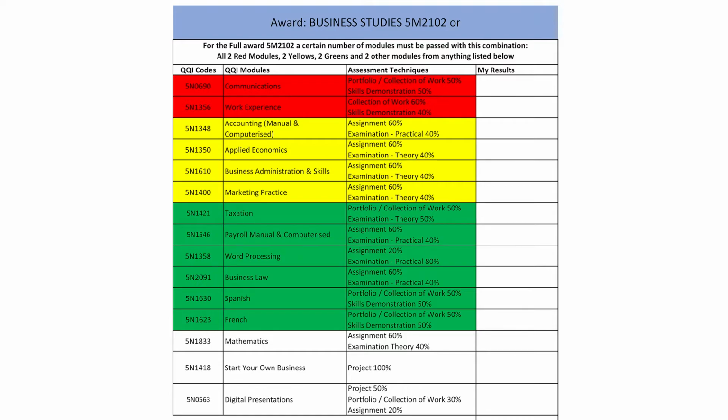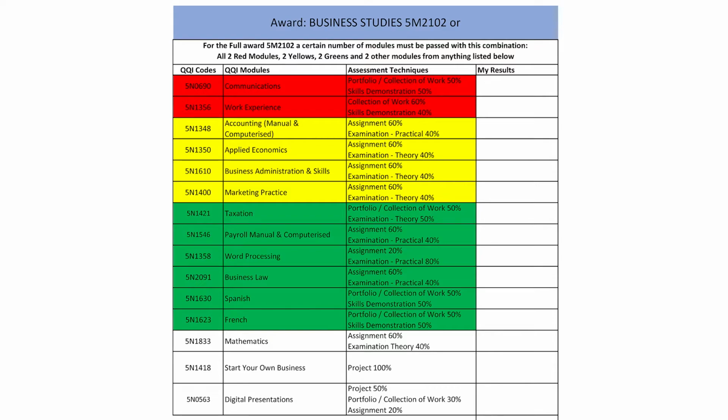And this is because QQI set the criteria of particular modules to make an award valid. So on the top it'll always say how many of each colour, and in this case we have 2 red, 2 yellow, 2 green and 2 other. So we always have to make 8, but it must be the correct 8. So if you look at this one, you have 2 red ones, there are 4 yellows, so you take at least 2 of those. 2 scores will count out of the 4.